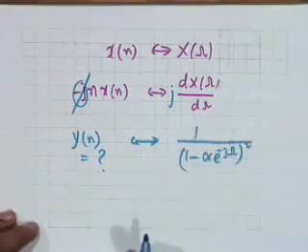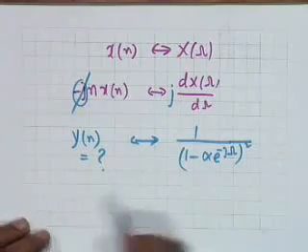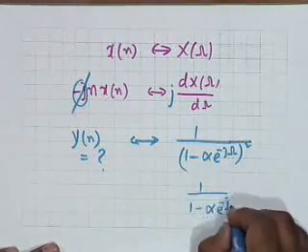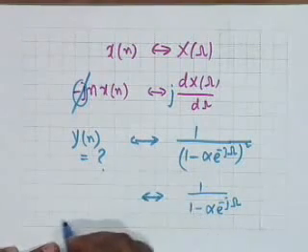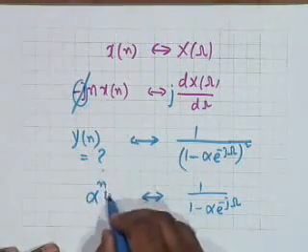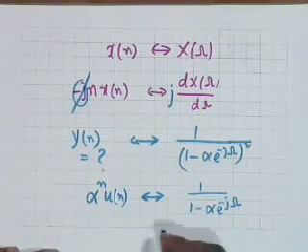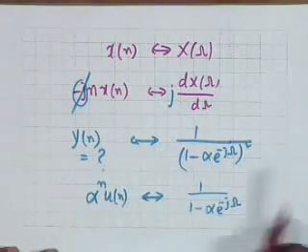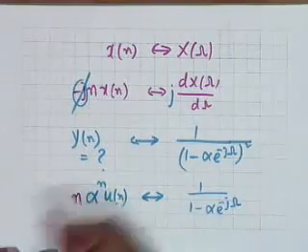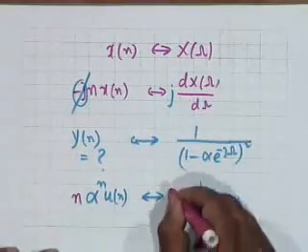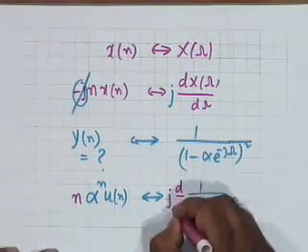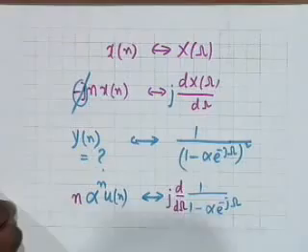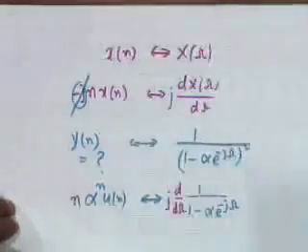And we start from x of n. We know that 1 by 1 minus alpha e to the minus j omega is the Fourier transform of alpha to the n u of n. Now if I multiply the left hand side by n, then by this relationship we should multiply this by j and take d d omega of this. Alright, let's carry this out and see what the result becomes.